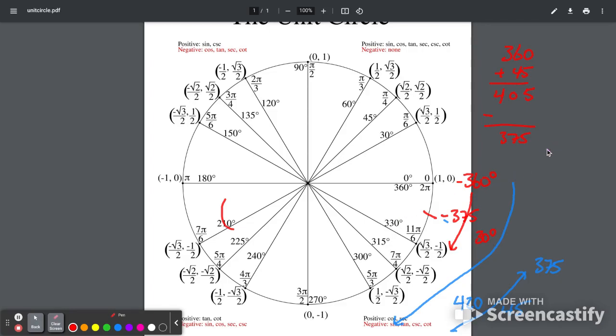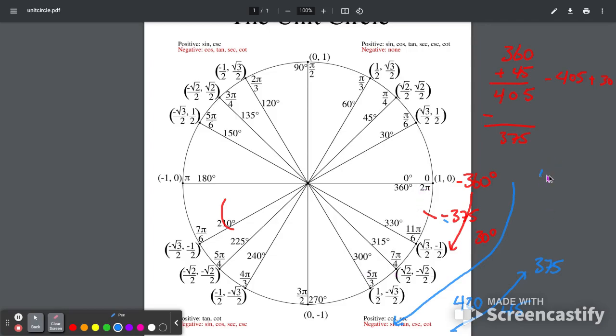I could use 405, negative 405, and then add 30 to it. The one that I did was I went out to 420, so I went from 360 out 60.